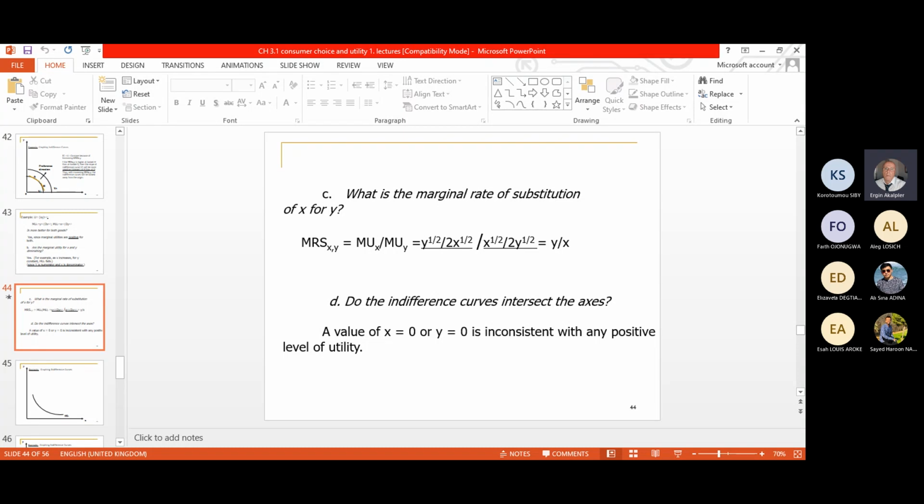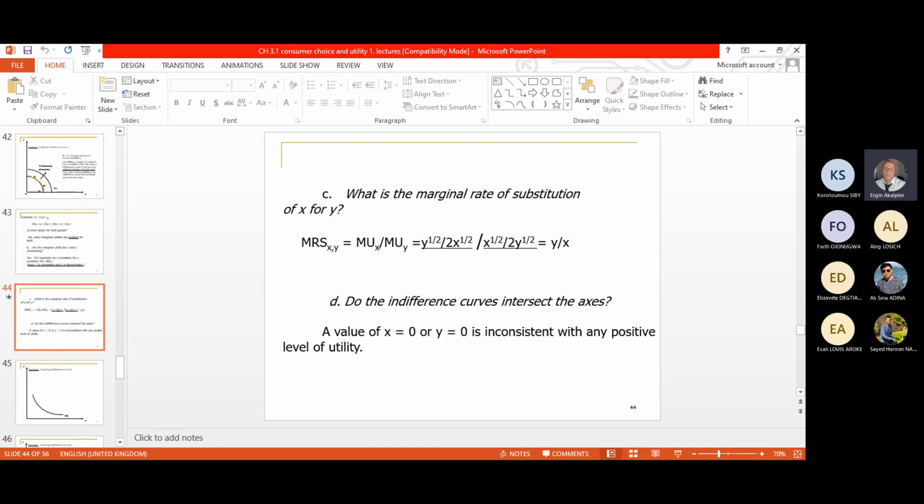Because when it is square root of y divided by 2 square root of x, divided by square root of x divided by 2 square root of y, this goes, in multiplication, upside down. Then 2 square root of x and 2 square root of y will become y or x, isn't it?